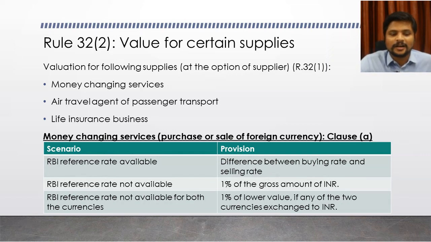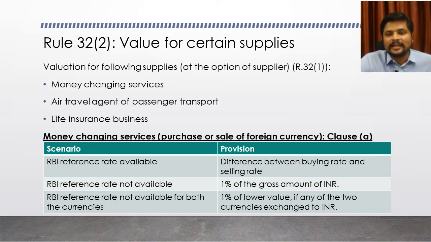Second scenario: if the RBI reference rate is not available for this particular currency, in that case the value is 1% of the gross amount of INR. For example, you are a customer and you go to a money changer. You want to buy certain US dollars, for example $100, from the money changer.